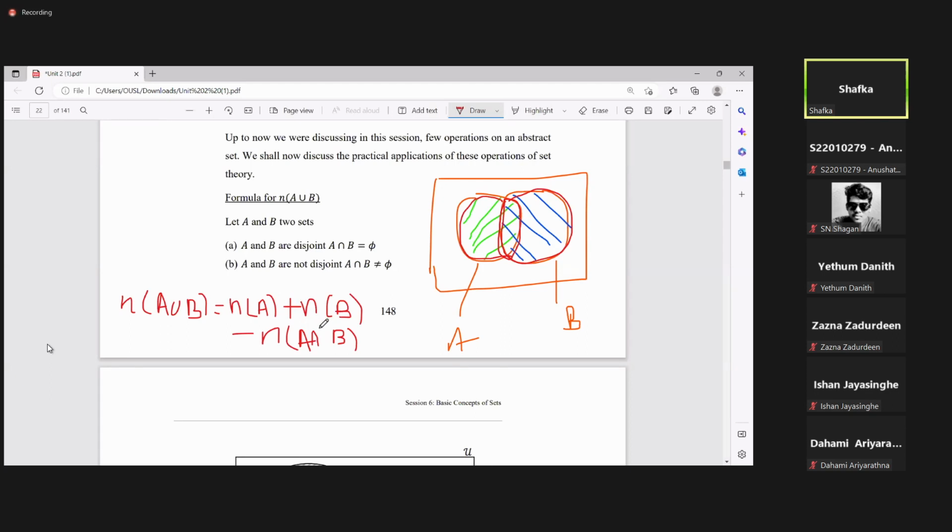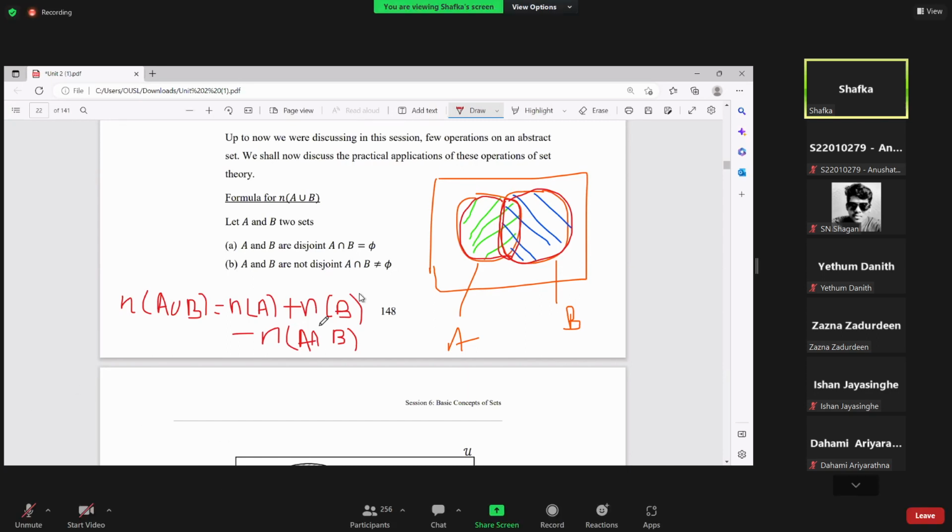If you are considering two disjoint sets, what can you say about this formula? For two disjoint sets, A intersection B will be 0. Yes, this part will be 0.